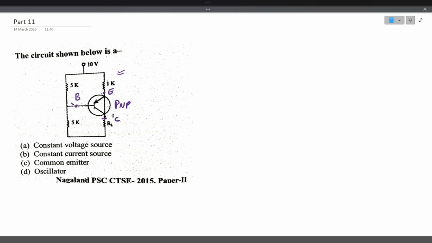The base is the input, the base current is the input current, and the output is taken across the collector because the load resistance is given here. RL means the load resistance. So input is at the base, output is at the collector. So it must be a common emitter circuit. So answer is option C.